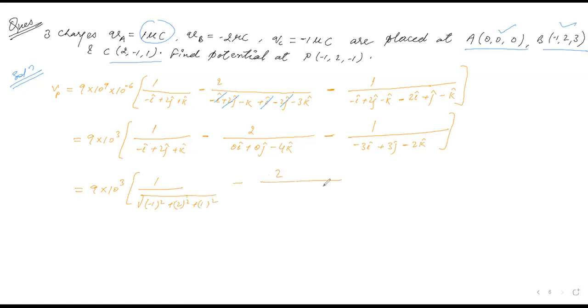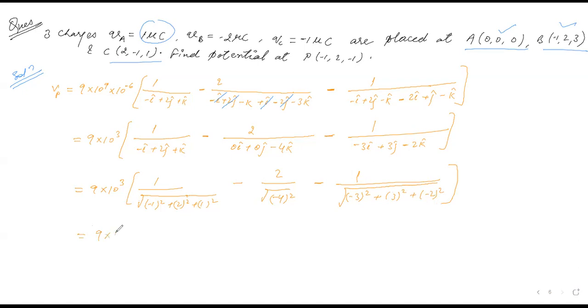Minus 2 over in the bracket minus of 4 square, minus 1 over minus of 3 is your minus 3 square plus 3 square plus minus 2 square. Okay, we have taken its magnitude, right?